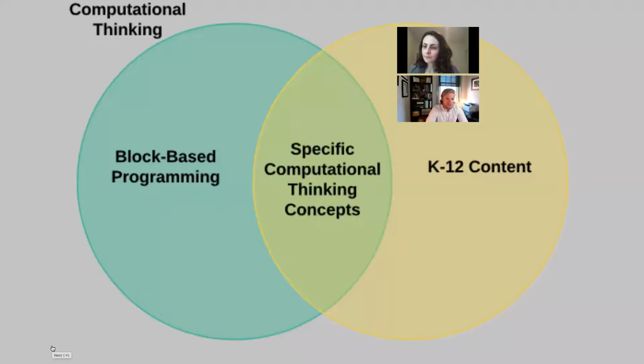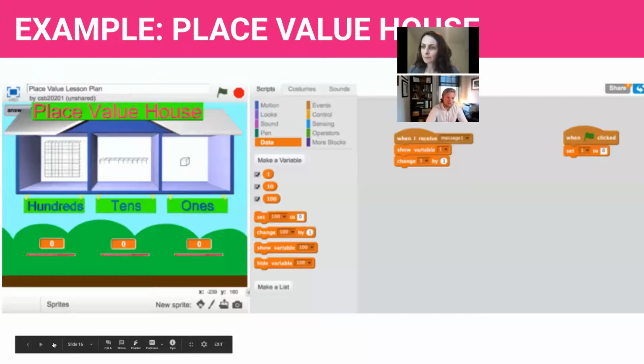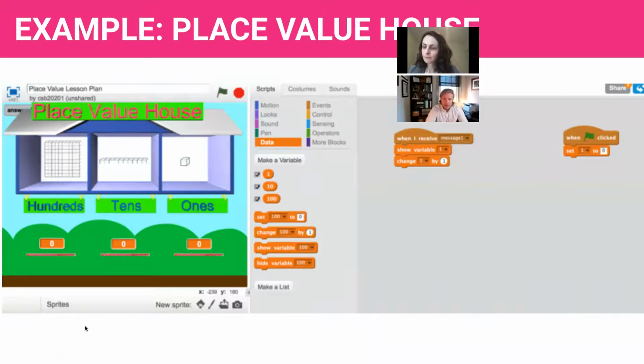Sometimes this computational thinking concept could be an idea like decomposition, or sequencing, or the idea of looping. A common one is conditionals, which is like an if-then statement. If something happens, then it triggers something else to happen.